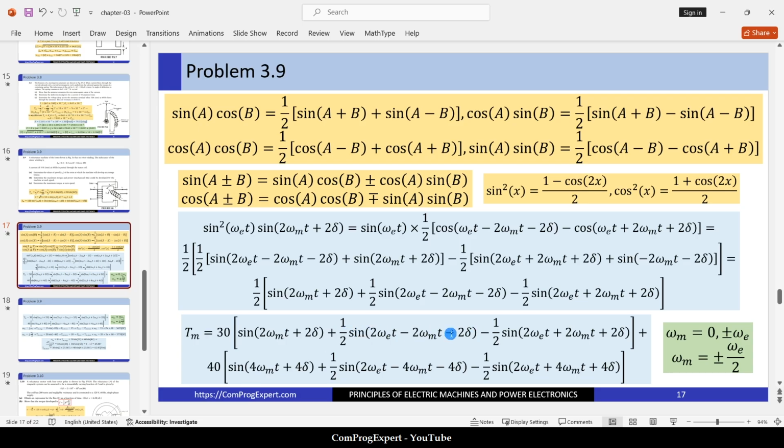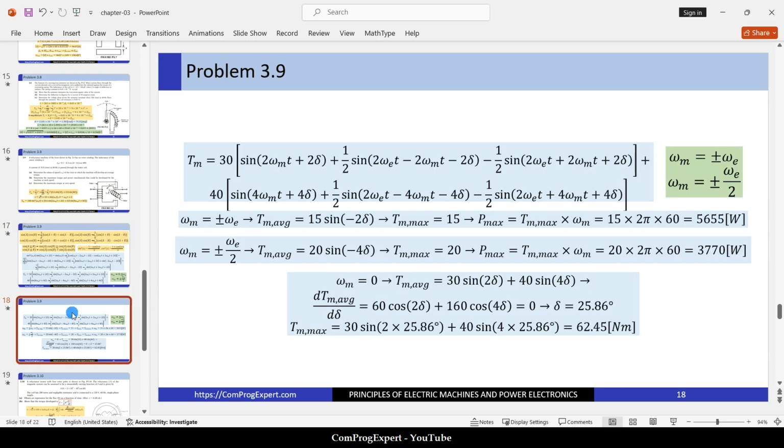Okay, this is the average value of the torque. This case, when omega m is equal to positive omega e or negative 1. In the case of negative 1, we have this function. Okay, in both cases, omega m equal to plus or minus omega e, we have this average value for the torque. This is delta, the initial position.